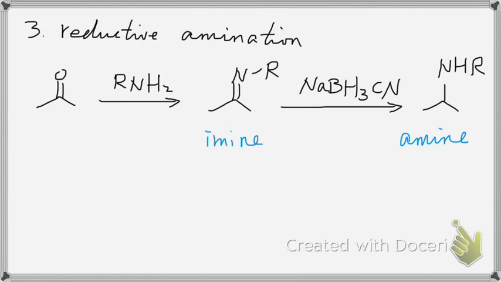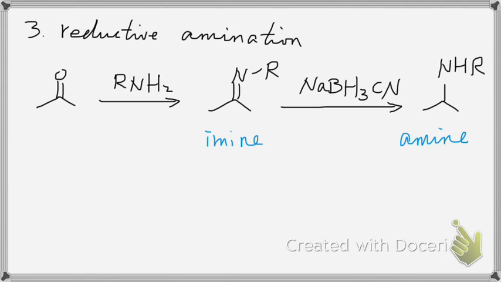The reducing agent here could be the hydride reducing agents that we have talked about before, sodium borohydride or lithium aluminum hydride. But later, they discovered one reducing agent that works better, in which one hydride has been replaced by cyanide. So it's sodium cyanoborohydride.